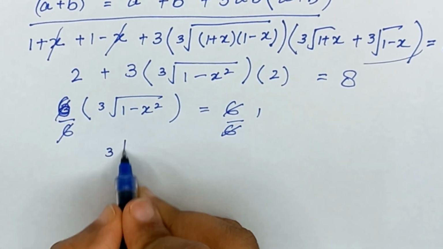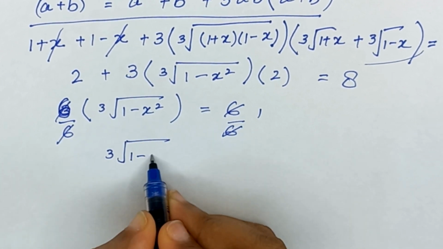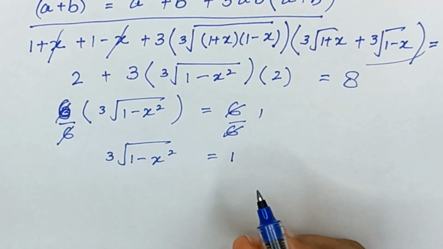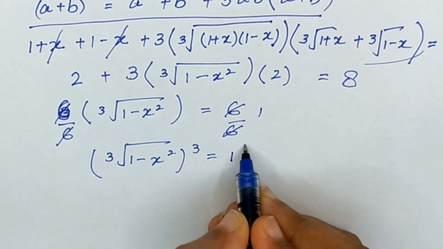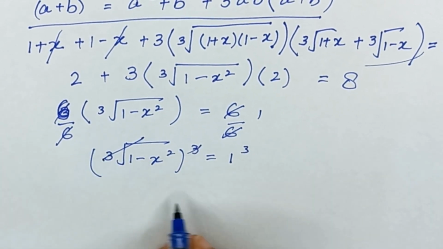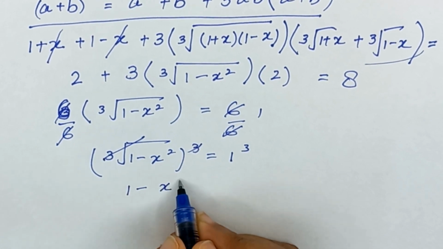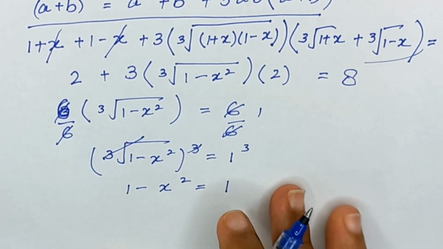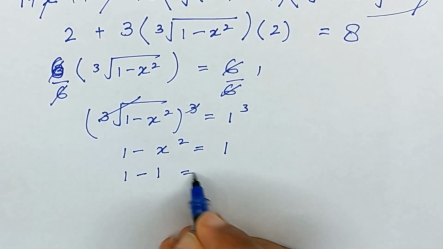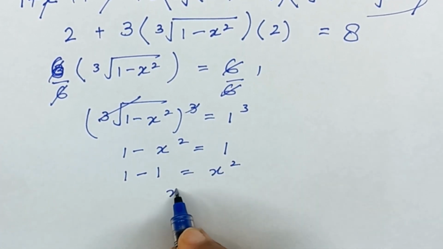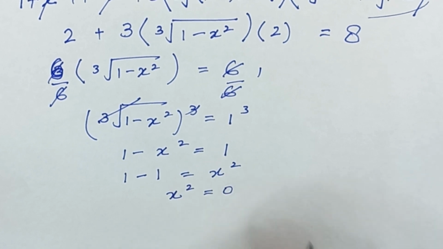So cube root of 1 minus x square is equal to 1. Now to remove this cube root, I will apply cube on both sides. So the cube and cube root will cancel out, and from here 1 minus x square is equal to 1. When I solve this equation, it will be 1 minus 1 is equal to x square, so x square will be equal to 0.